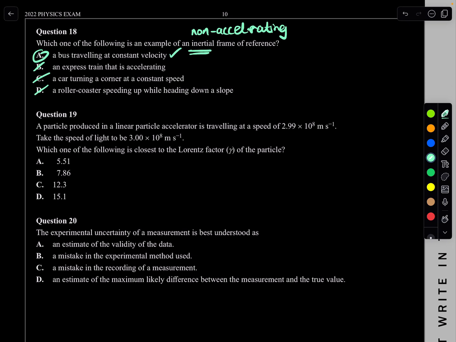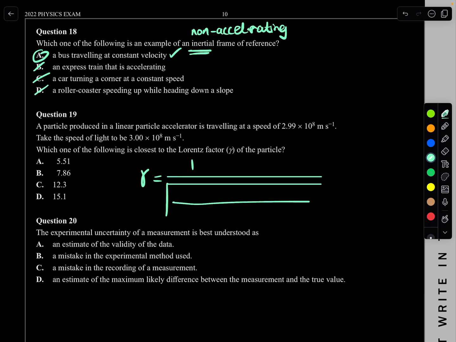Question 19. A particle produced in a linear particle accelerator is traveling at a speed of this. Take the speed of light to be this. Which of the following is closest to the Lorentz factor? Wow, what a beautiful question. So the Lorentz factor, of course, is 1 over the square root of 1 minus the velocity, which is 2.99 times 10 to the power of 8, squared, over the speed of light, which is 3.0 times 10 to the power of 8, squared.